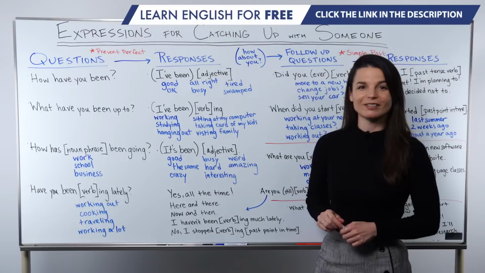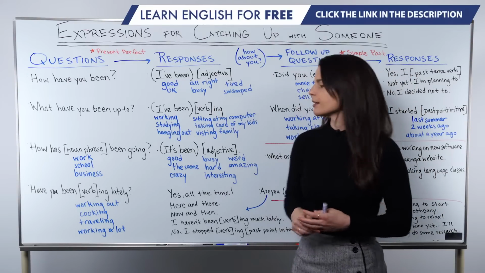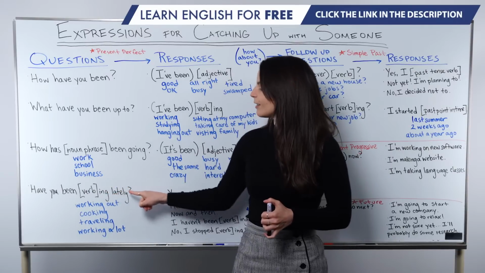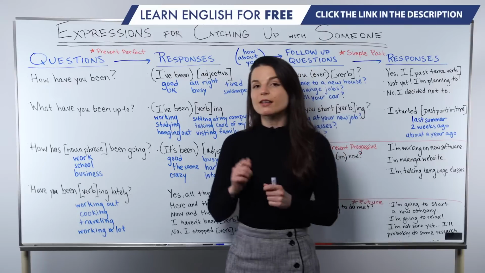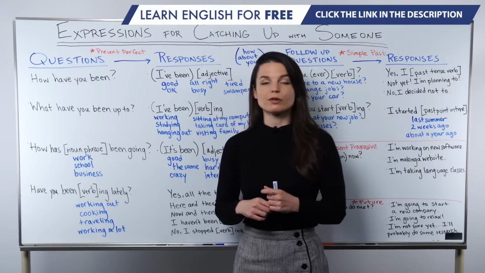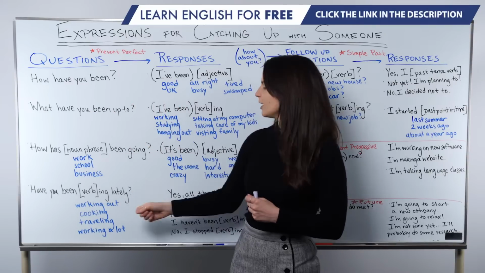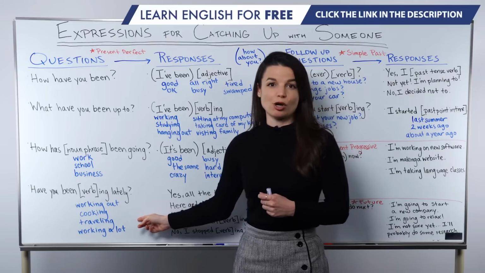It's been good. Okay, let's look at our last question that uses present perfect tense. So the last one is, have you been verbing lately? So this is another type of question you can use to ask about someone else's activities. So this question is different from this question because this one is a simple yes or no question.